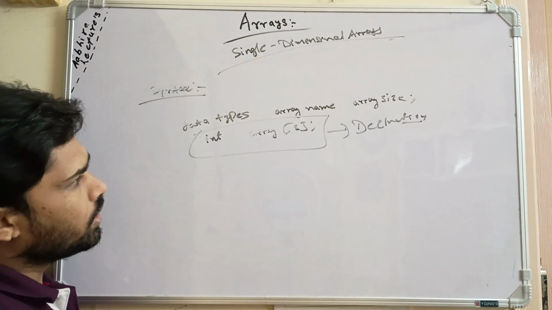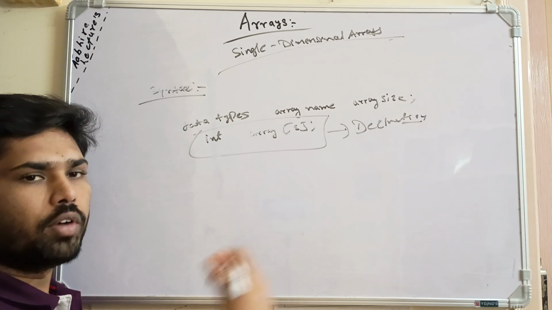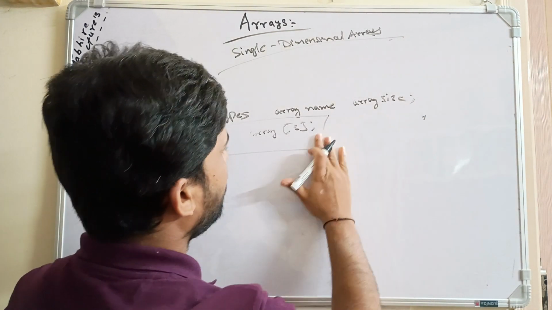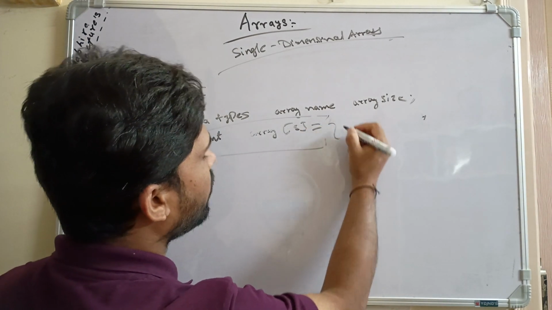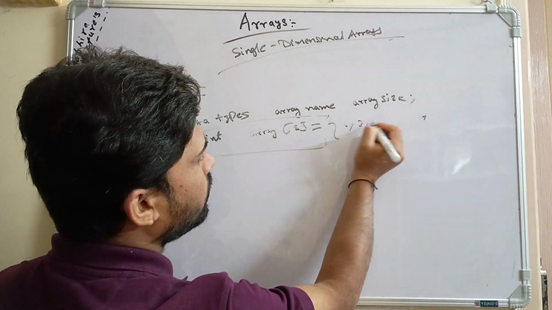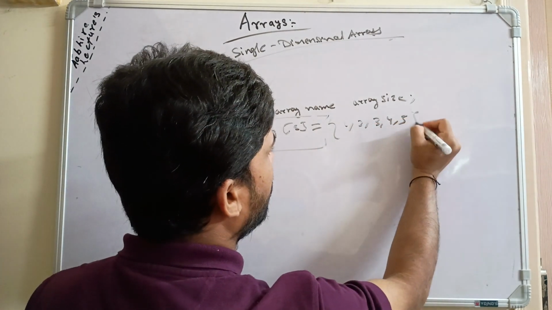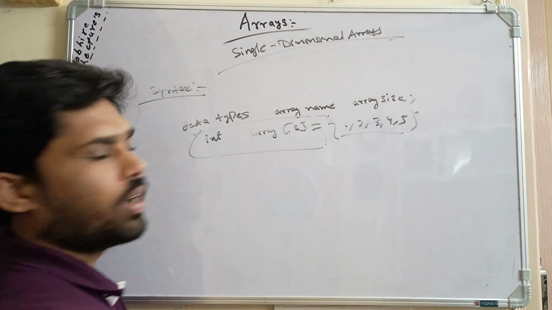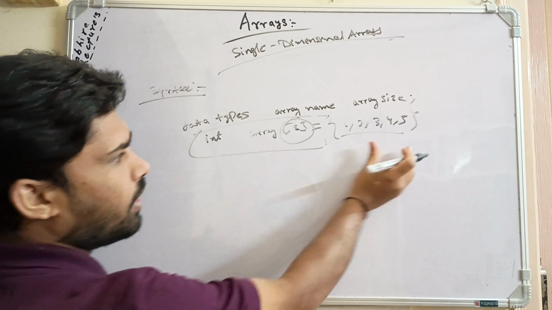And if you want to initialize, you can initialize here only, no issue. Take any numbers, open the curly bracket, 1 2 3 4 5. Up to 5 is written because our size is 5 only, so that's why I wrote 5 only.